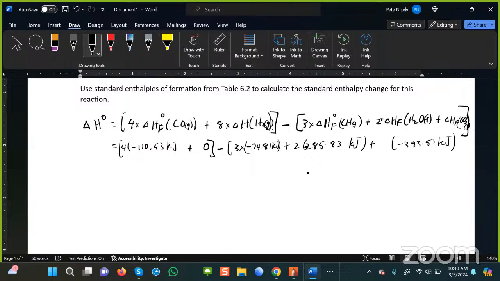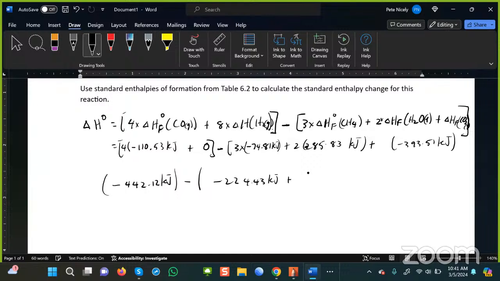So what I'm going to do is multiply minus 110.53 times 4. So this will give you minus 442.12 kilojoules. That is 0, so we don't need to worry about that. And then I'm going to put 3 times minus 74.81. And that gives minus 224.43 kilojoules.